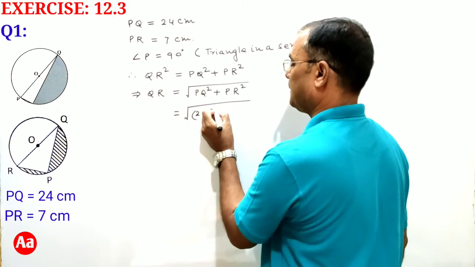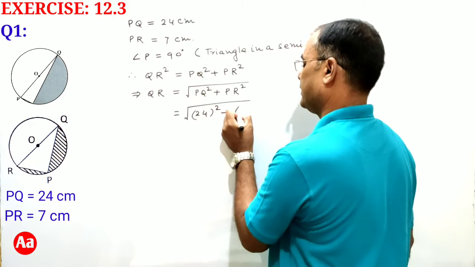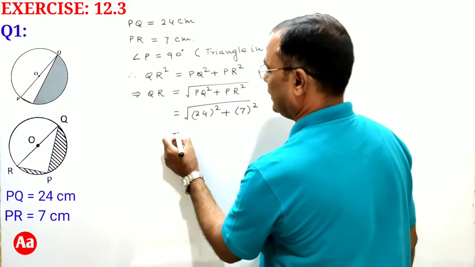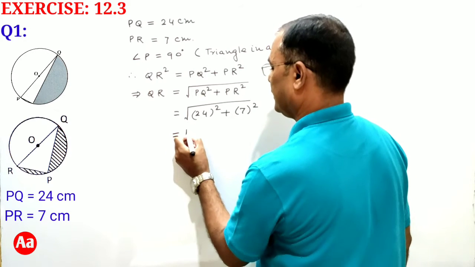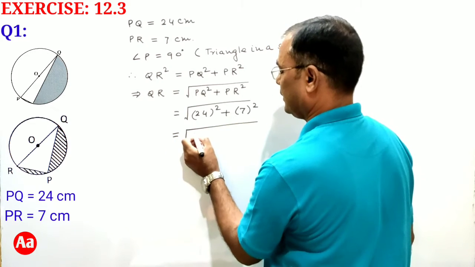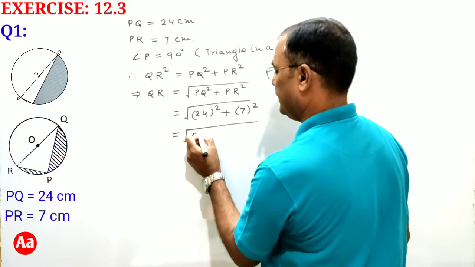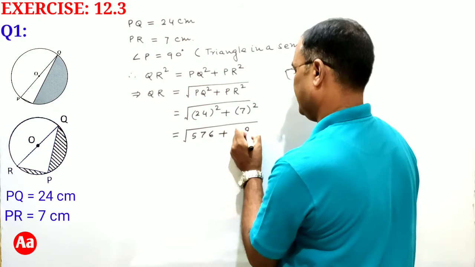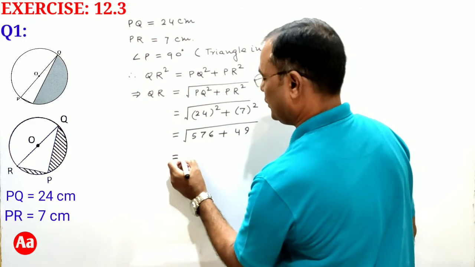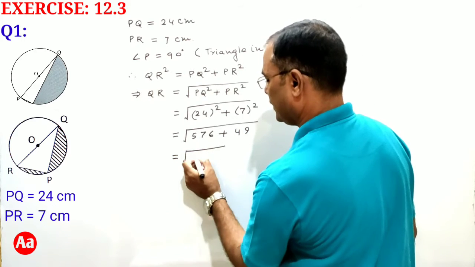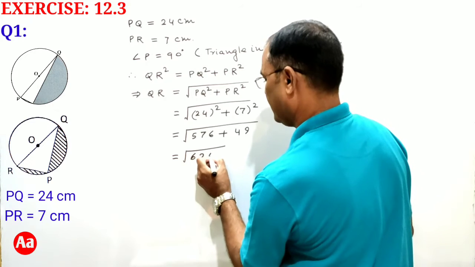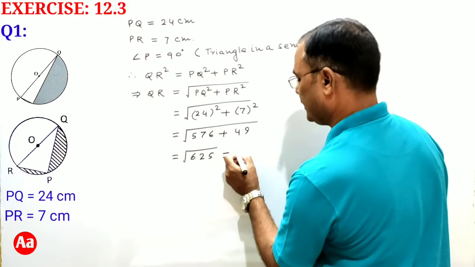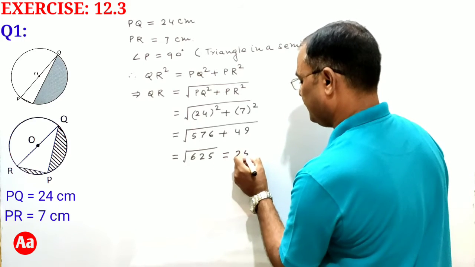24 square plus 7 square, and this is equal to under root 576 plus 49, which is equal to under root 625. Square root of 625 is 25.